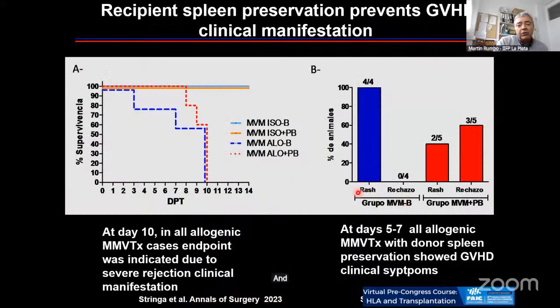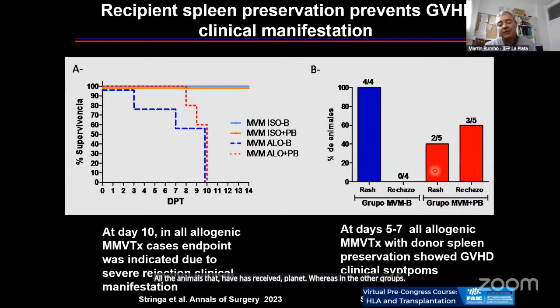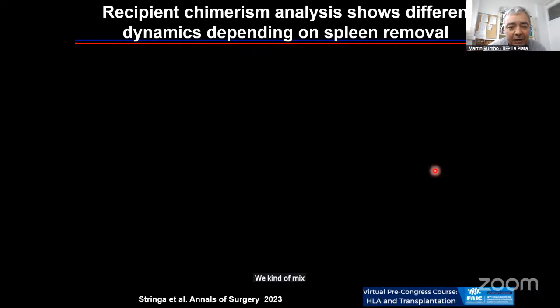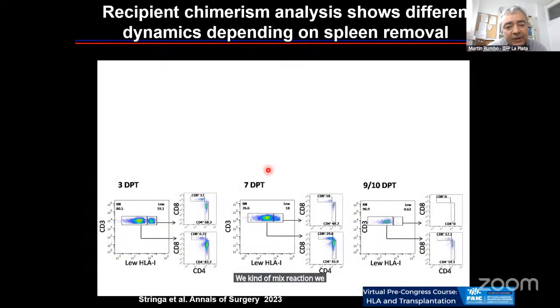Comparing both groups, we observe graft-versus-host disease in all the animals in which the recipient has been splenectomized, whereas in the other groups, we have a mixed reaction. We could also track the donor and recipient lymphocytes in these animals.